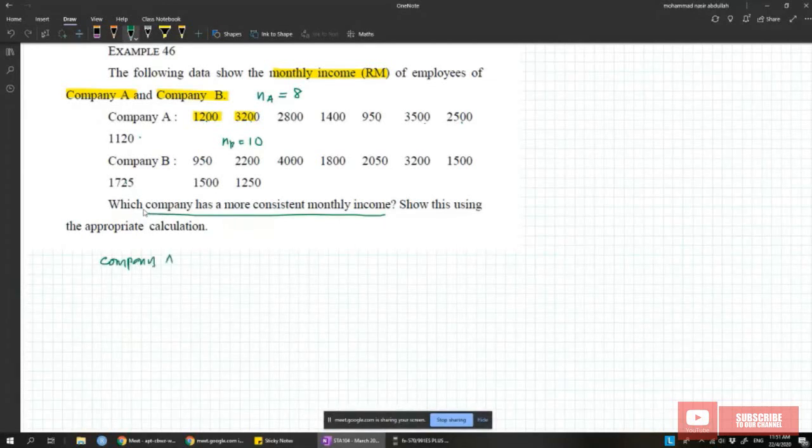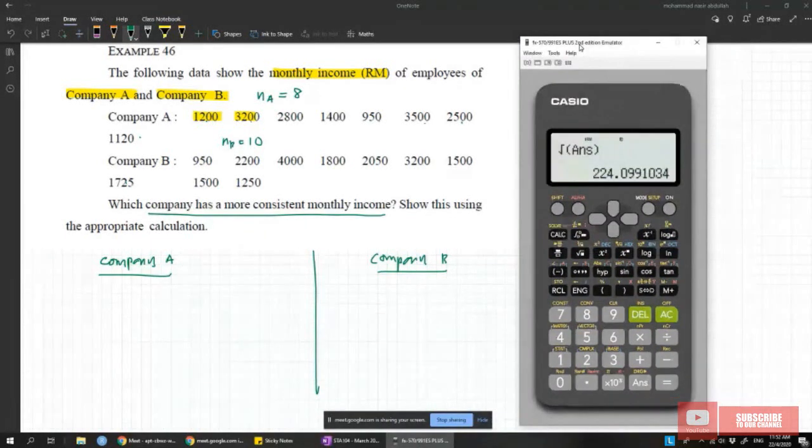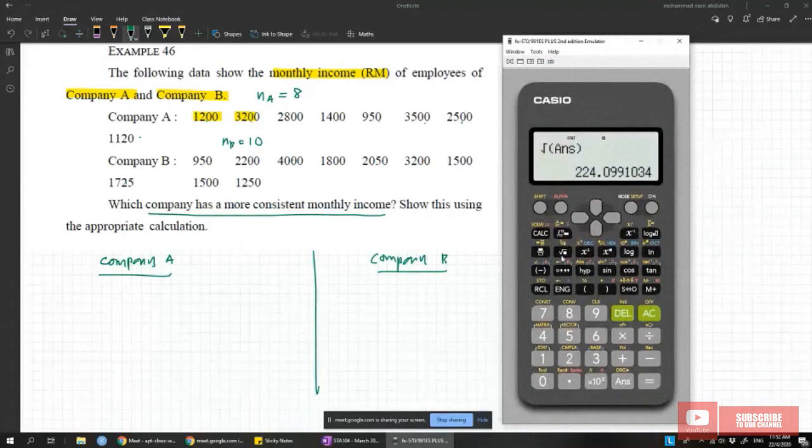We want to show this using appropriate calculation. So now we put it like this: company A, and this is company B, right? Now I'm going to show you how to use the calculator. We don't need to calculate one by one, right? You can see my calculator, right?